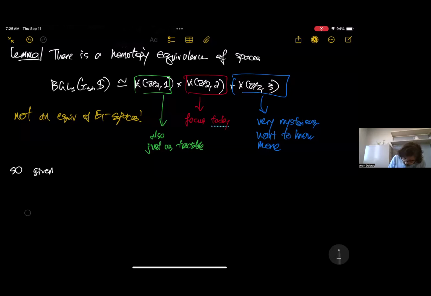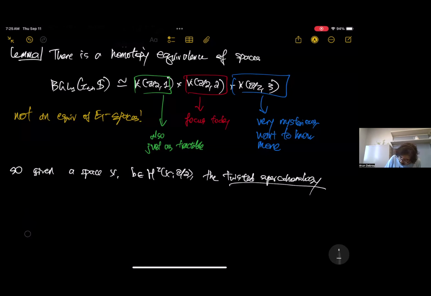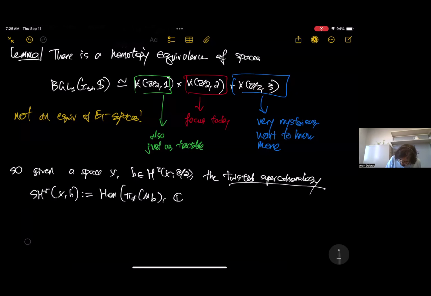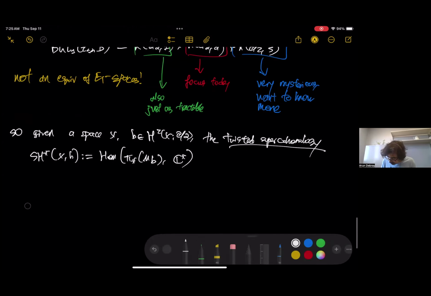So given a space X and a class B in H2 of X with mod 2 coefficients, the twisted supercohomology is defined to be the Homs from this thing. And I need to say what MB is.